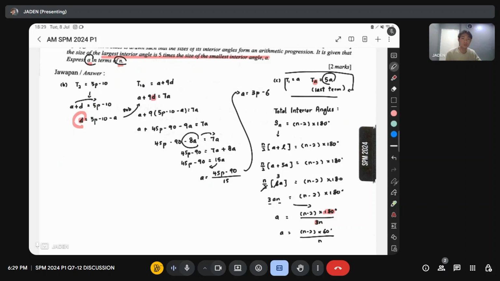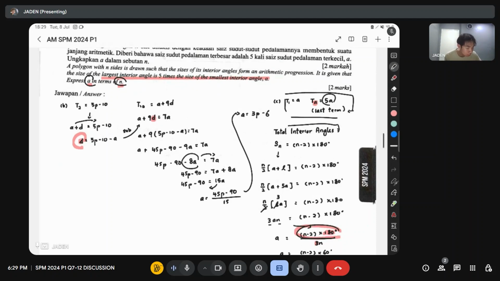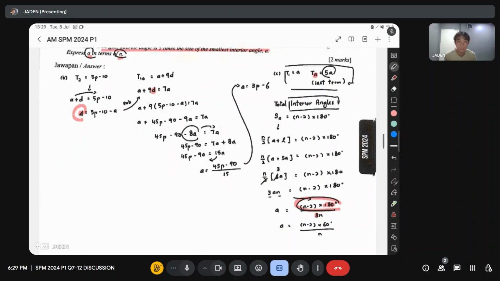I'm sure some students might ask, sir or teacher, why don't we expand this numerator? Because if you actually expand, then the formula itself doesn't link to interior angles anymore. You will get something very different from what we have right now. We have to stick with the calculation of total interior angles formula. That is also the reason why I didn't expand it.